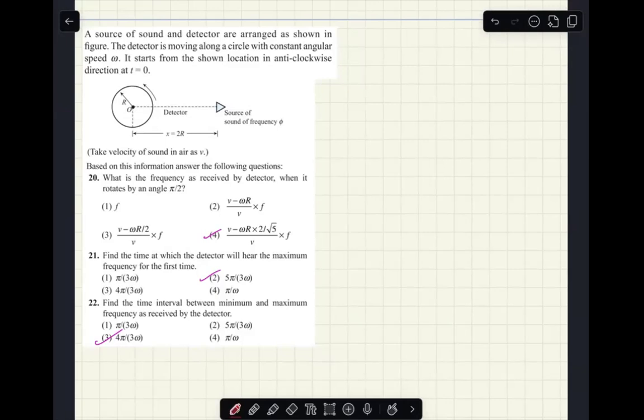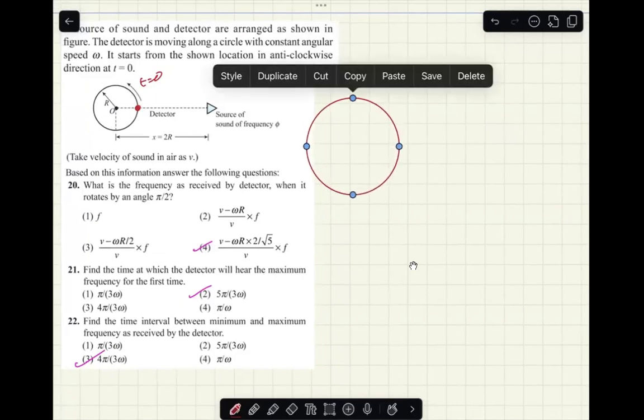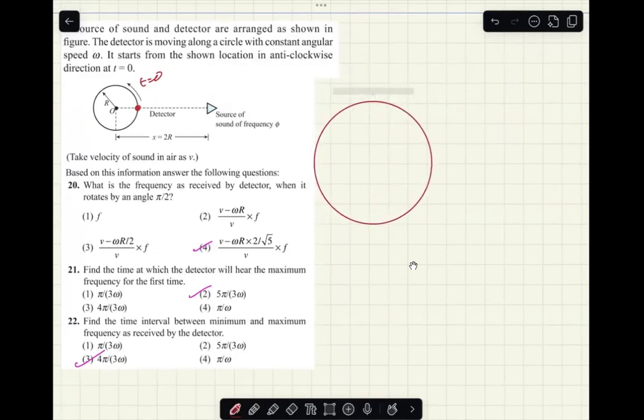Where is the detector actually? That is not properly mentioned here. I believe this is the location of the detector, maybe at t equal to 0. Right. Please try to understand. You are here. Detector is here. Now, please try to understand.